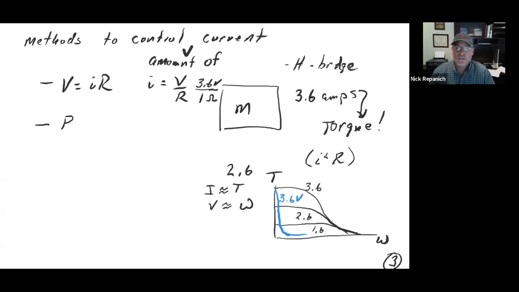When you go to look for these curves, they're going to have voltages on them. They're going to say this one is 48 volts. They might have another one out here like this, and that one might be 80 volts.